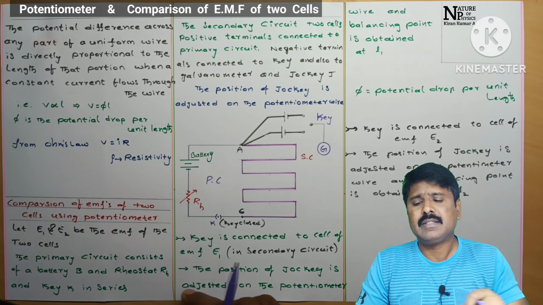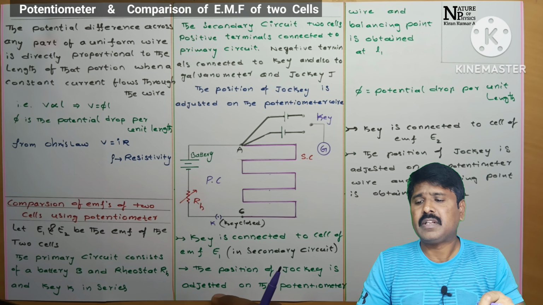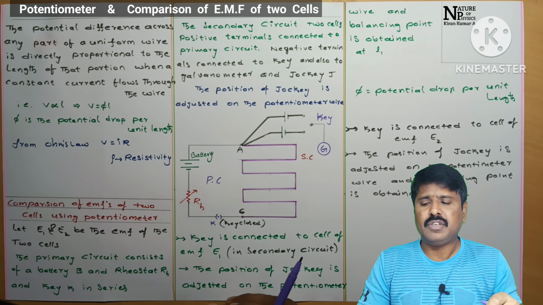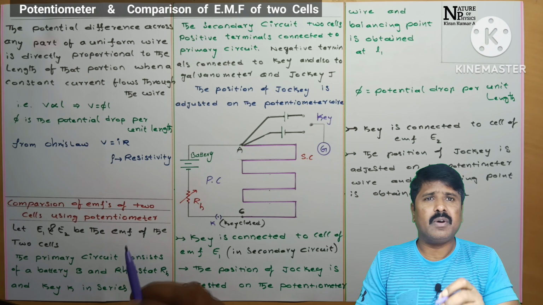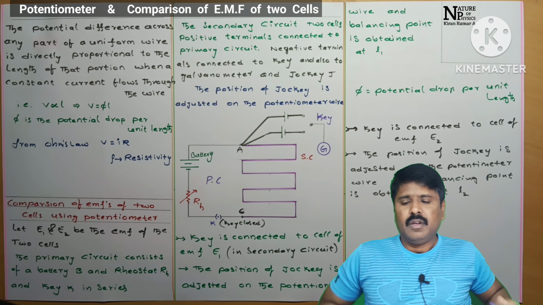Next, discussing the Ohm's law proof for the potentiometer. See students, Ohm's law, V is equal to IR.